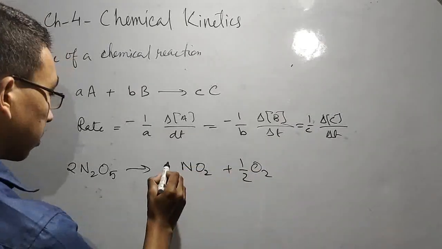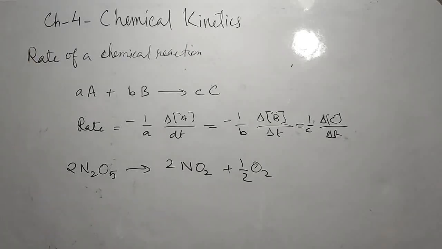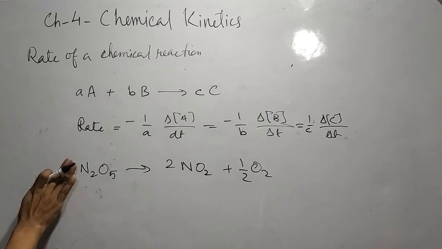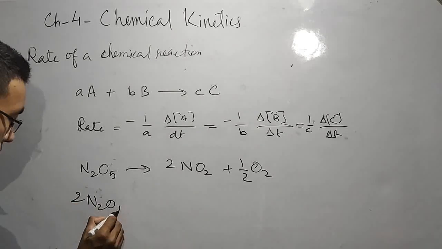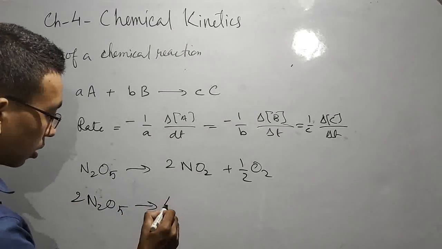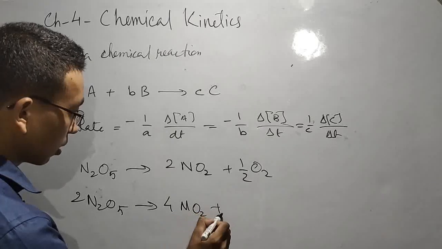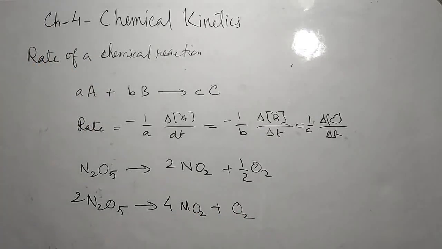This one is half, this one will be 2. If you don't put this one also, still it will be fine. Now suppose you put 2 N2O5 giving 4 NO2 plus O2. For this also you do. You find out the rate of reaction for this as well as this one.